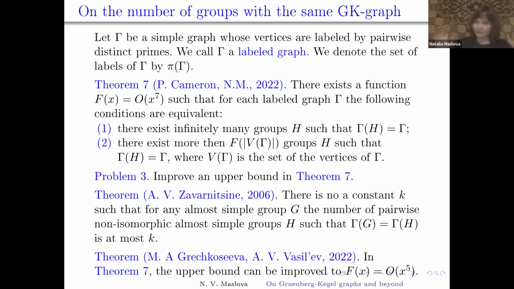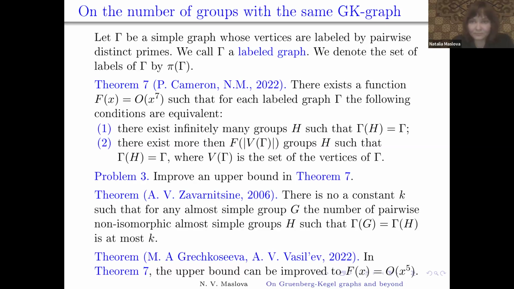Okay, if you forget about the group theoretical structure, and if you take the Gruenberg-Kegel graph as a labeled graph, a simple graph is a labeled graph if its vertices are labeled by pairwise distinct primes.